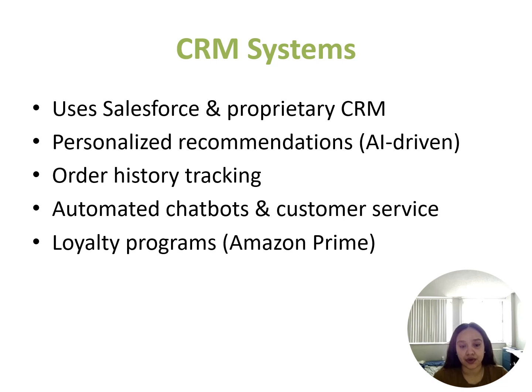They can also provide a lot of recommendations, due to which they can have different loyalty programs, like Amazon Prime. Customers can take the Prime membership so that they get access to many different features. Then there is order history tracking and everything. It has a very good CRM system that is managed on this website.